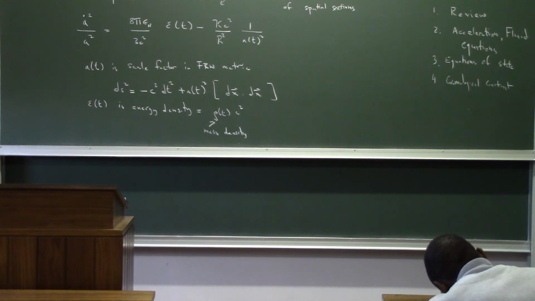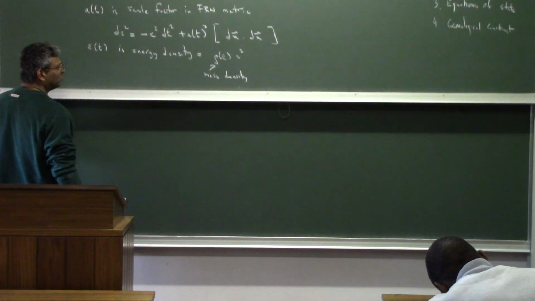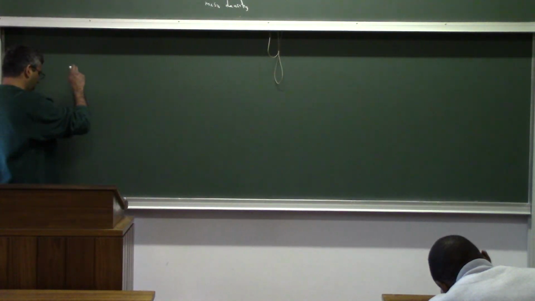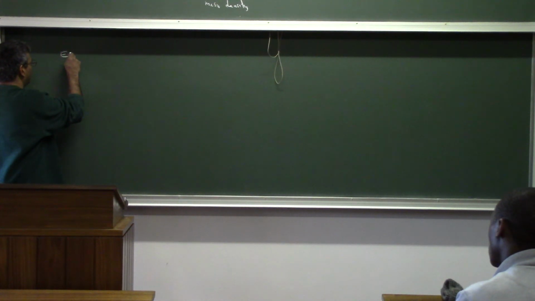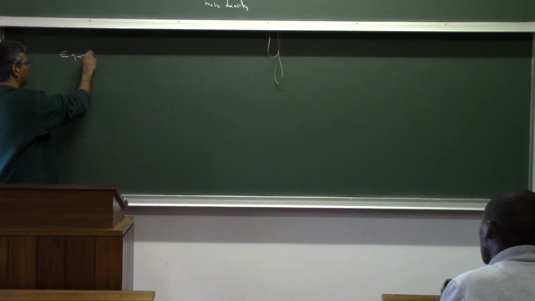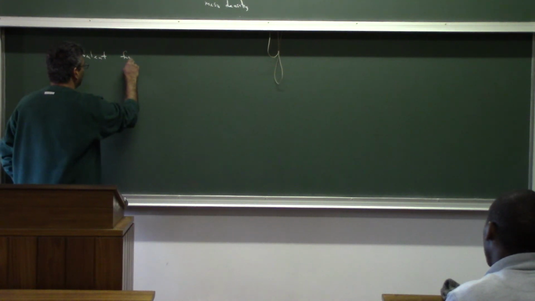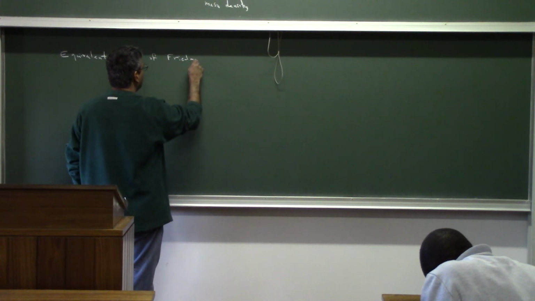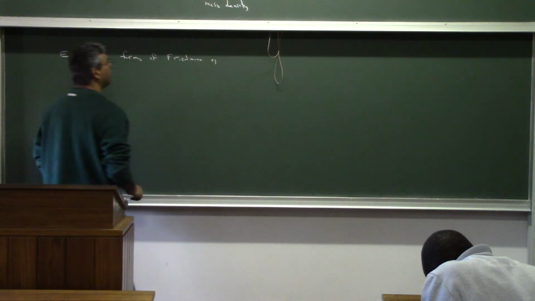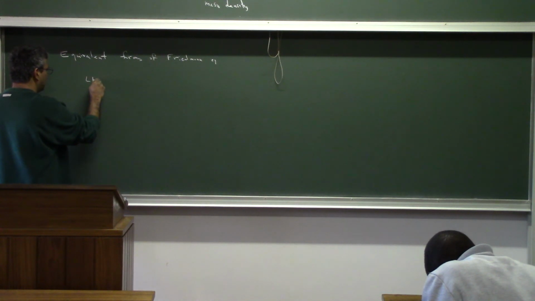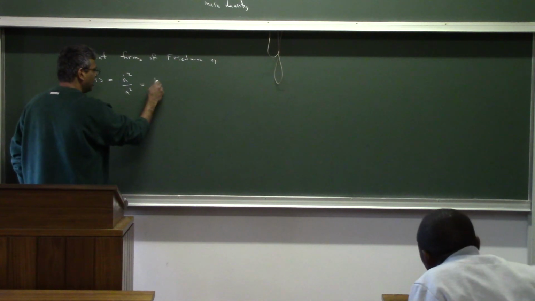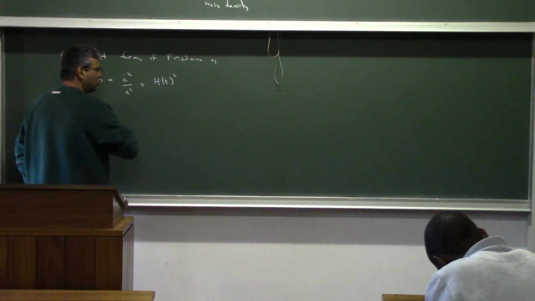We also notice that we can write this Friedmann equation in multiple equivalent forms. First thing we notice is the left-hand side is a dot squared over a squared, which is H of t squared.